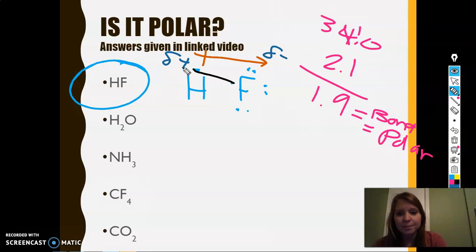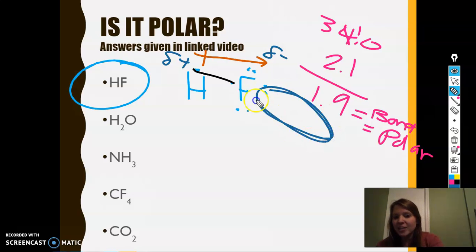Now let's look at this bond. We've looked at this bond, so that's all I need to do with the bond itself, but let's look at the molecule. Think about tug of war. Fluorine is pulling on this hydrogen. Is there anything there to counteract it? Is there anything there to make it symmetrical? No. There's no hydrogen over here.